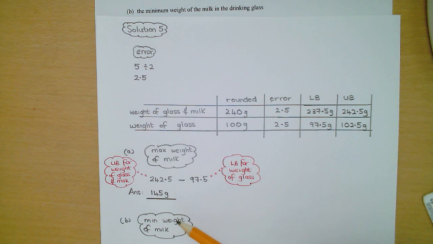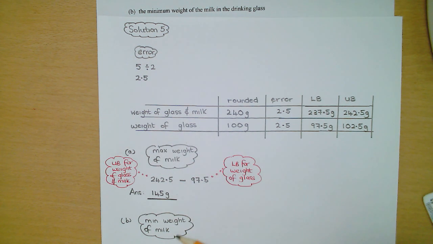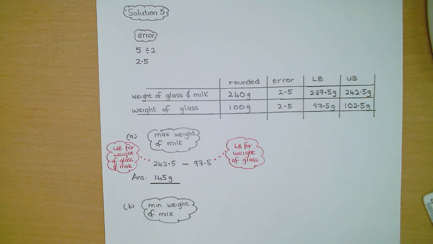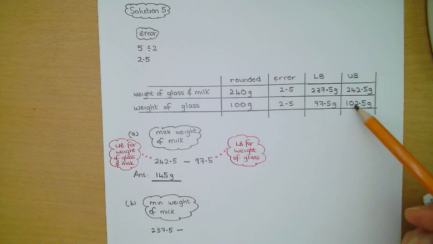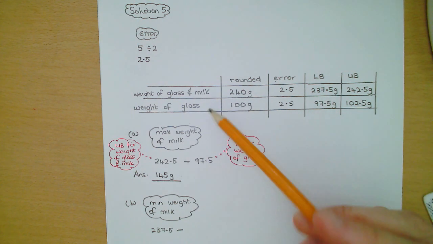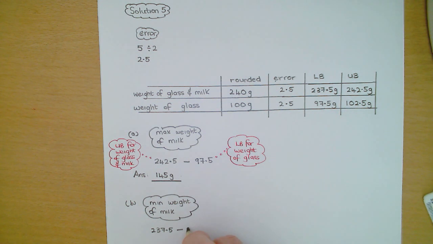But how do we make the weight of the milk a minimum? Well, the value that we start with, the weight of the glass and the milk, we want to make that as small as possible. So we're going to use the lower bound for the weight of the glass and the milk, 237.5 grams. And we are going to subtract the largest value for the weight of the glass, which would be 102.5.